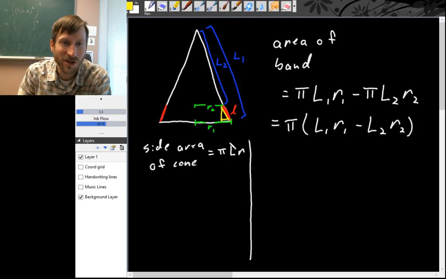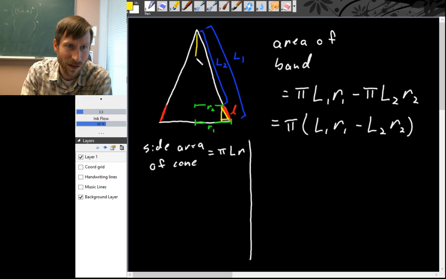And that one is similar to the big triangle here. And the bottom side of this small triangle is R1 minus R2.